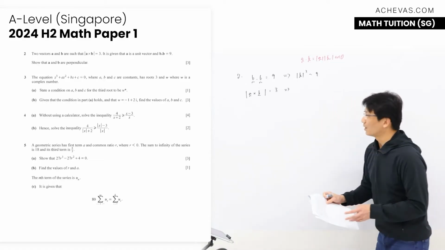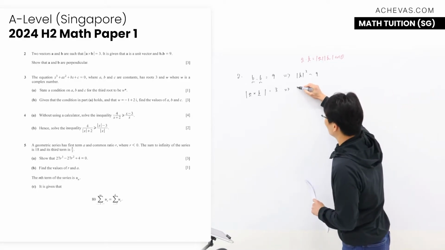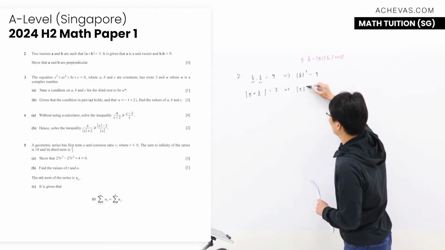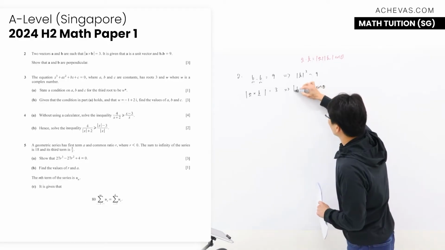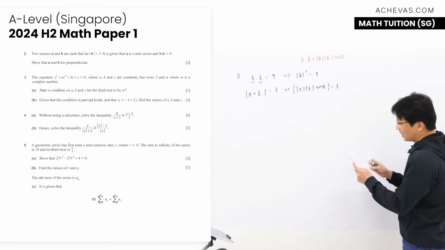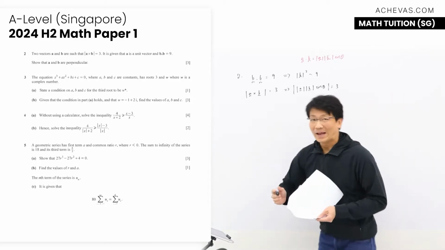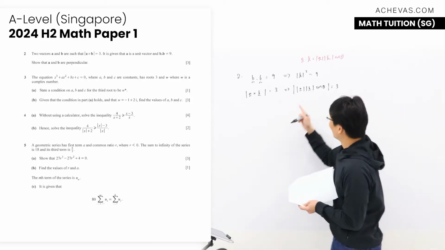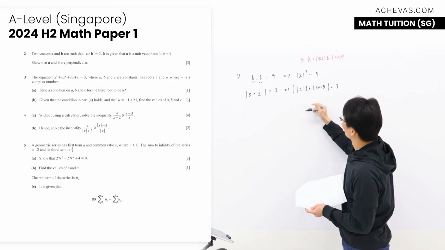As for the cross product, we also have a formula for that. And this can be rewritten as modulus of a, modulus of b, sine theta, modulus equal to 3. And in this case, since we are given that a is a unit vector, I will know that this is equal to 1. And from here, I can find that my modulus of b equal to 3.